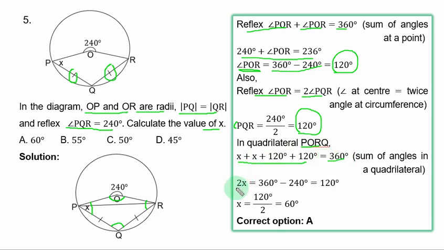So you have 2s. You transfer the sum of these two, that is 240, to the right. You have it in this form, and that gives 120 degrees. To get s, divide both sides by 2, and s is 60 degrees. A is the correct option.